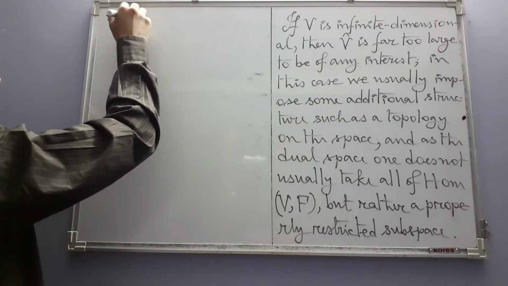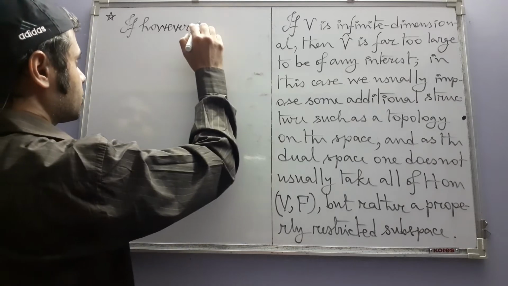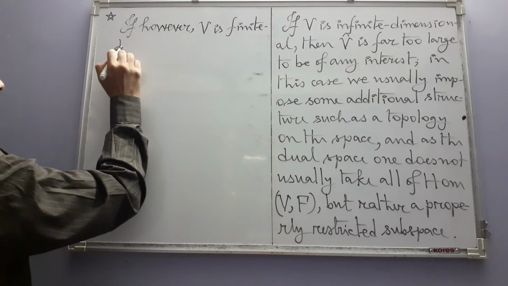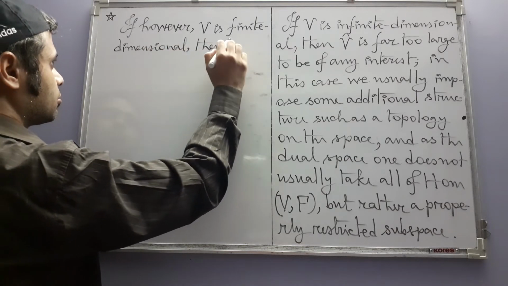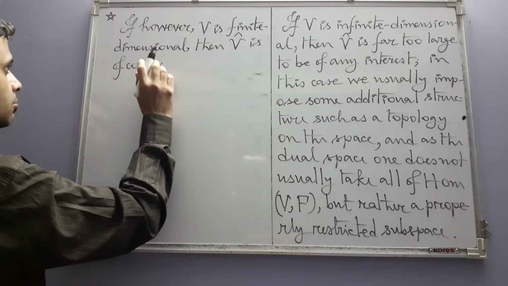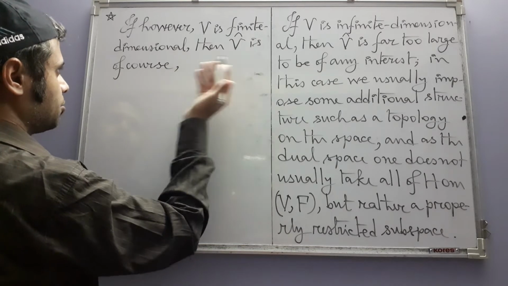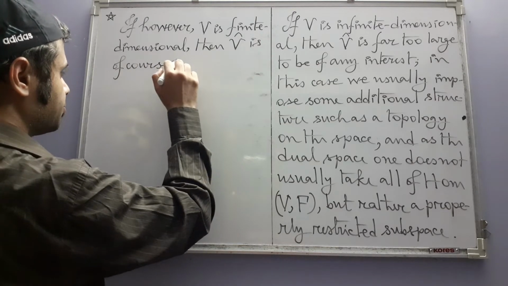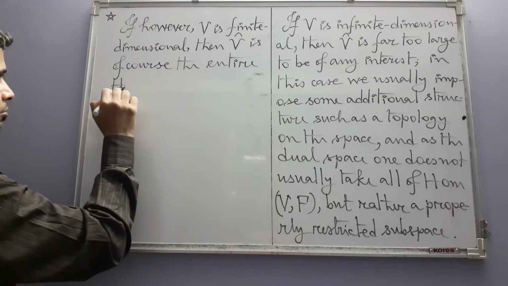If, however, V is finite dimensional, then V hat is, of course, the entire Hom(V, F).